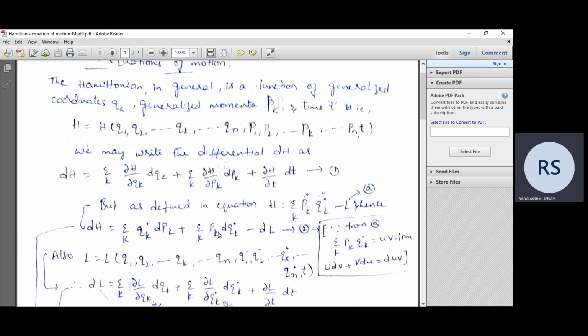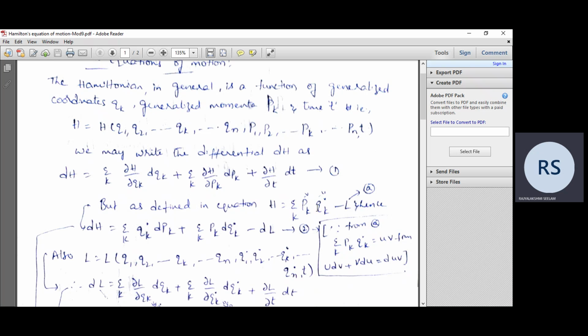But as defined, we have H equals sigma k pk qk dot minus L. So according to the definition of the Hamiltonian, we have sigma k pk qk dot minus L. Let us see dH.